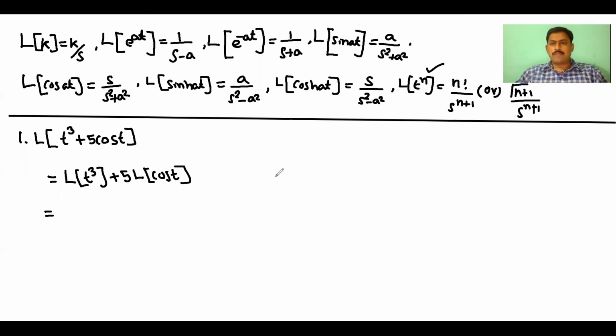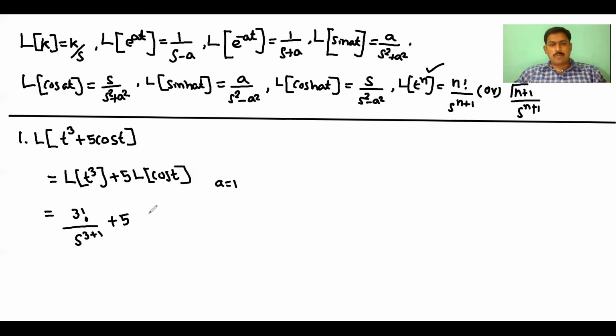L of t power n formula is n factorial divided by s power n plus 1, since n is an integer. So here we can write n factorial divided by s power n plus 1, plus 5 into L of cos at. So a value is here 1.